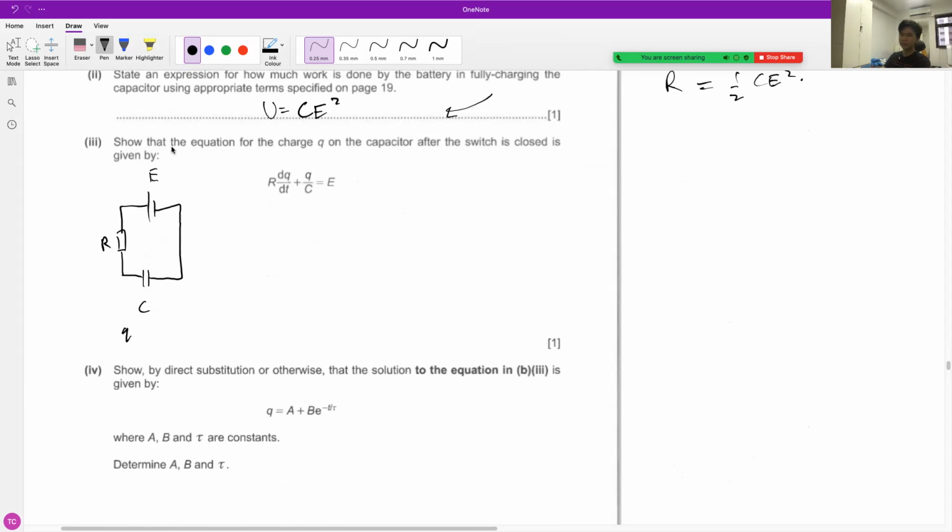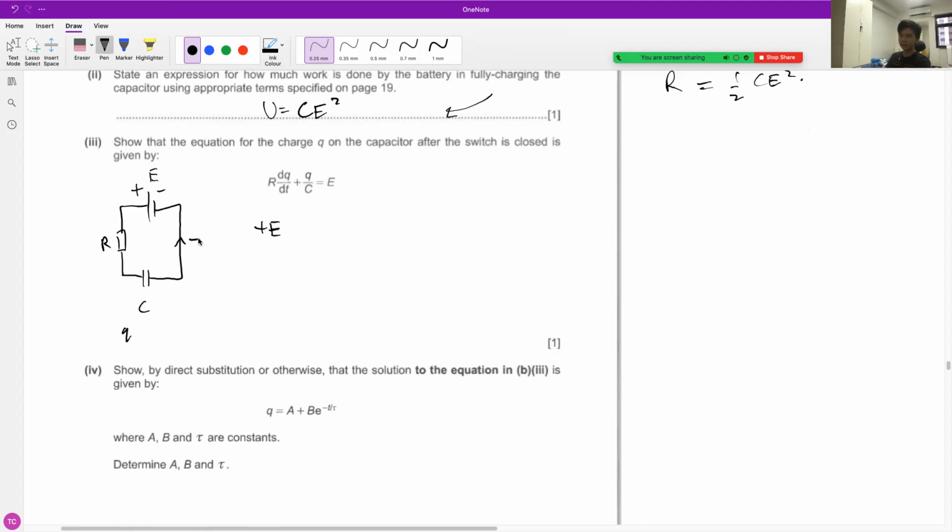Kirchhoff's law, let's go in an anti-clockwise fashion. When you go from minus to plus, you first pick up a plus E, going from low potential to high potential. Now let's define the current as flowing in an anti-clockwise direction.